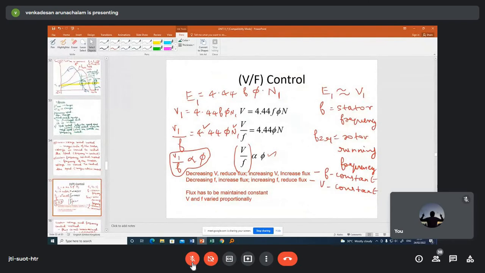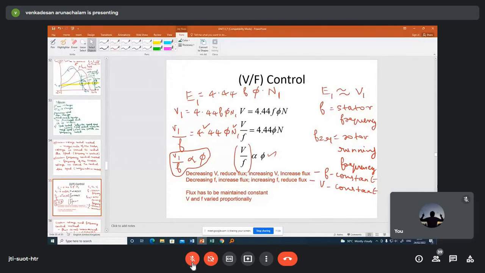You take the EMF or voltage equation in induction motor. It is very much similar to the transformer EMF or voltage equation, because an induction motor is called a rotating transformer.